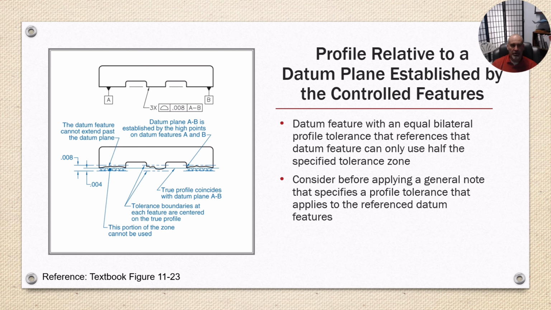So we're controlling datum plane A and B, but the way it's called out, it's also controlling the three places of it.